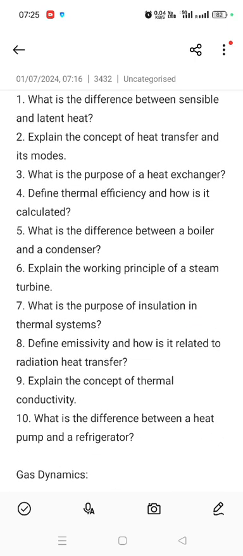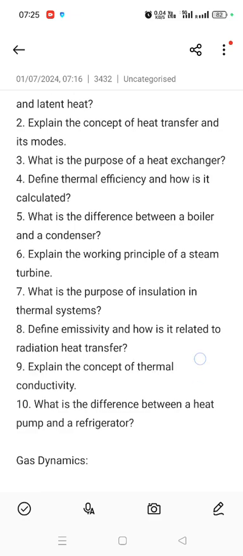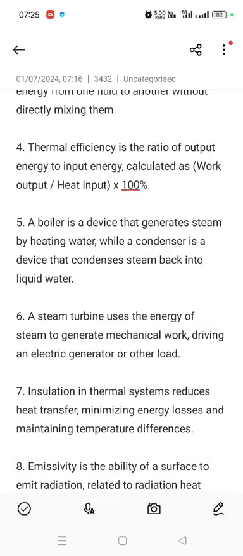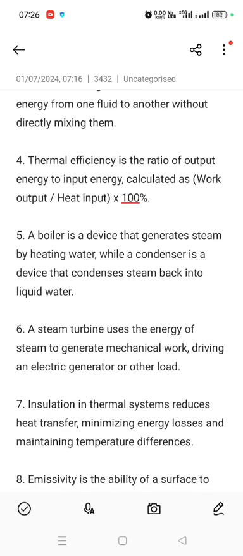Explain the working principle of a steam turbine. A steam turbine uses the energy of steam to generate mechanical work, driving an electric generator or other load. A steam turbine is also a device which uses steam which comes from the boiler to generate mechanical work.